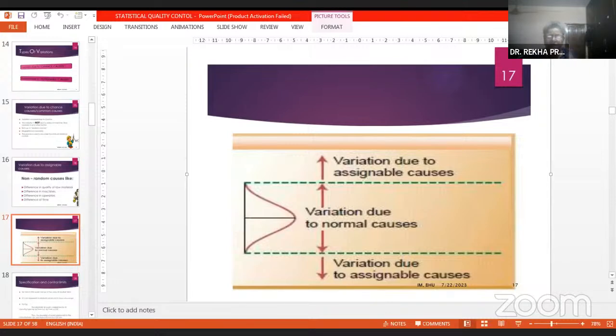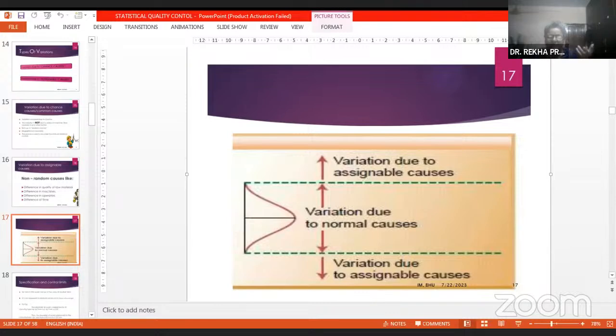So here the variation up to plus minus 3 sigma is normal, and about 97% of the population is within plus minus 3 sigma.